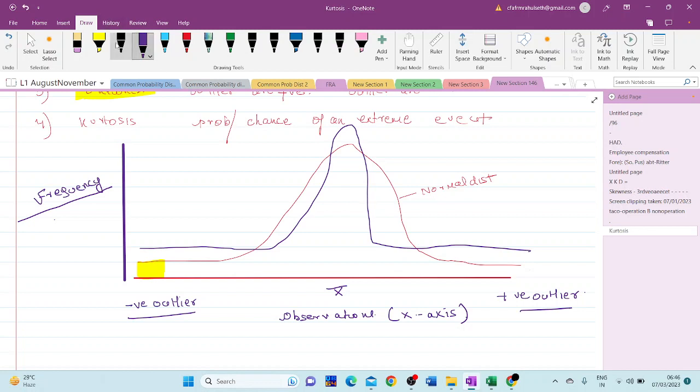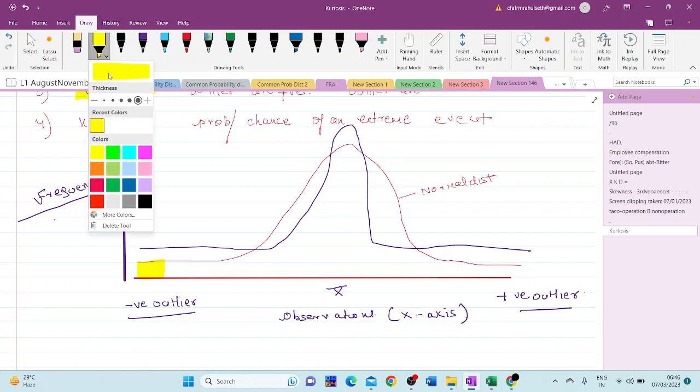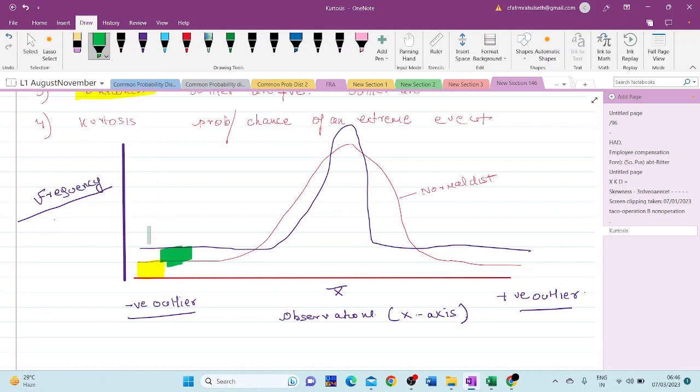with which outliers will occur in this fat tail distribution is given by this particular area. So you can notice that the frequency with which outliers occur in this fat tail distribution is more than normal.